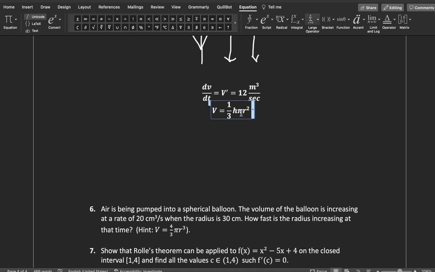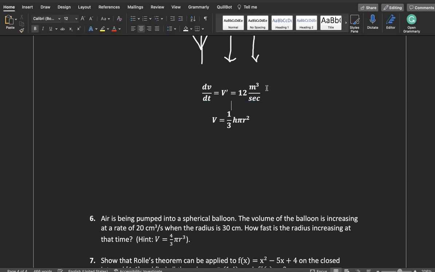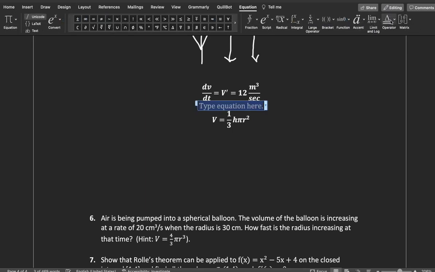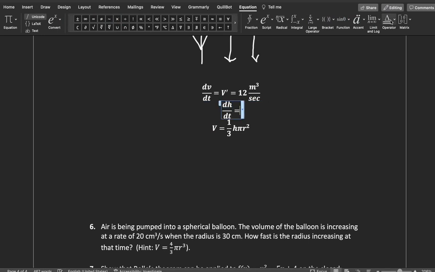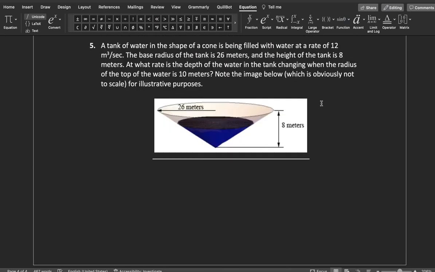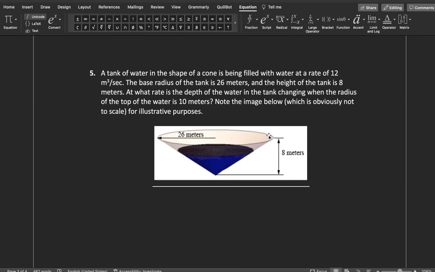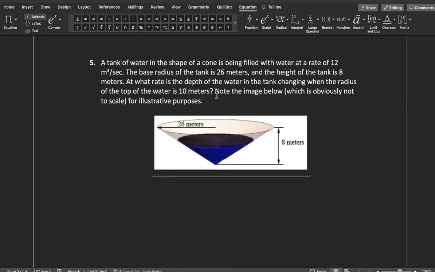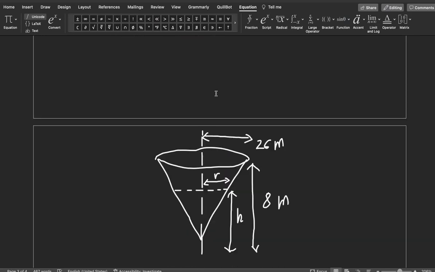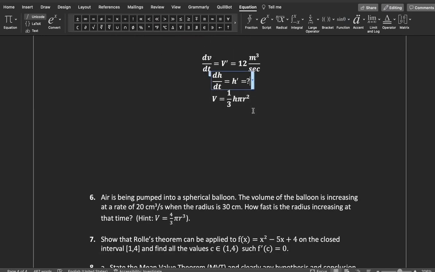We want to determine h prime, dh/dt. You're just trying to find the rate of change of the depth.